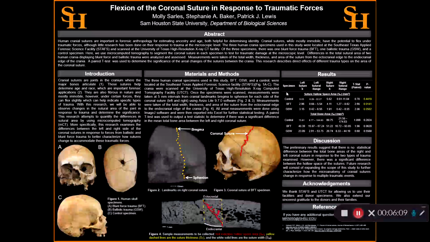We did notice a statistical difference between the left and right side of the blunt force trauma and the ballistic trauma, which is really important for us because that means that we've actually noticed a change in the suture between the left and right side, which we can, for future studies, look into more for helping determine identity, for helping determine what types of trauma the specimen had suffered, which is, I mean, landmark stuff.